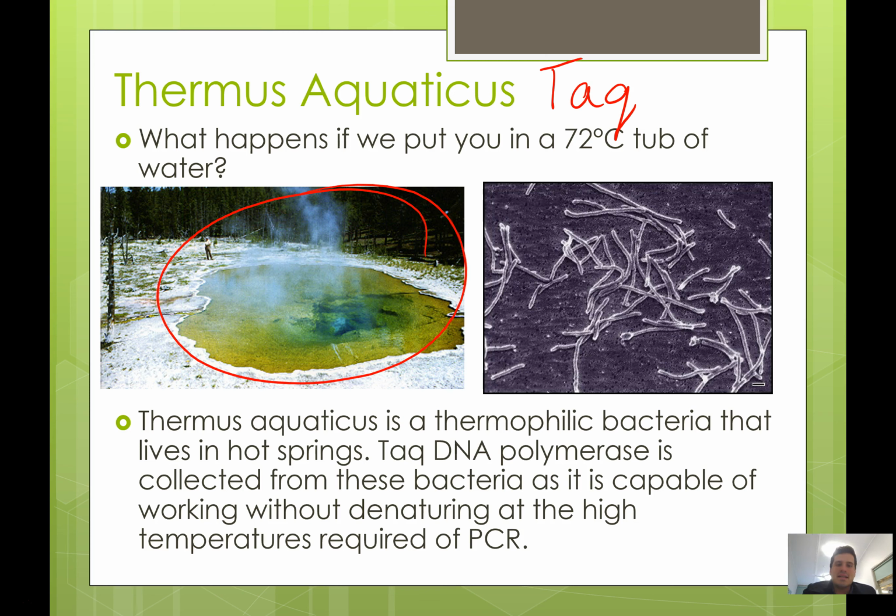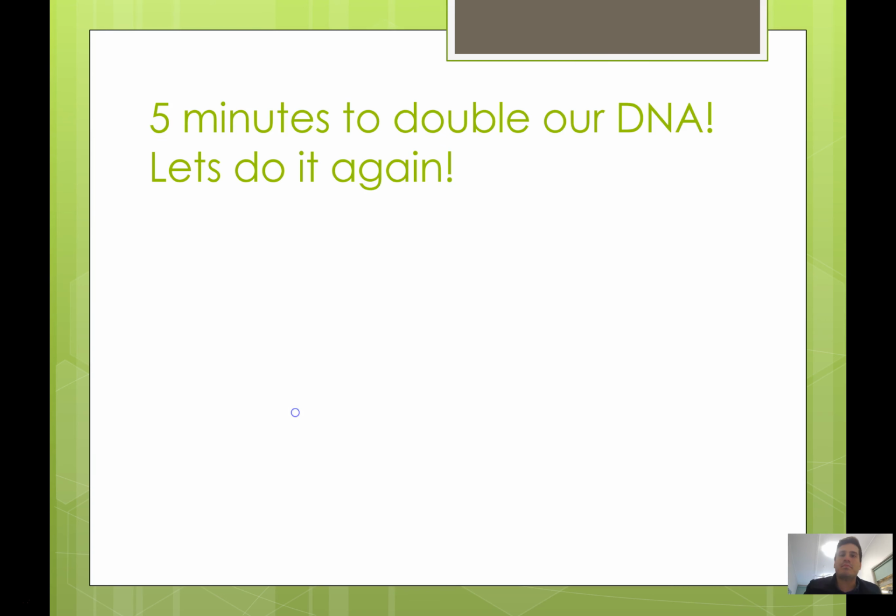Okay, and what it does is that it's able to survive really well in these hot springs, which sit at about 70 degrees. So we use Thermus aquaticus because it survives so well at these temperatures, so its DNA polymerase is better suited to the temperatures that we need for PCR to happen.